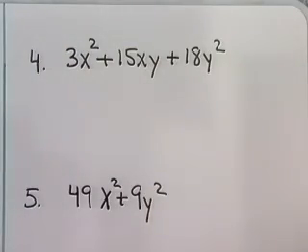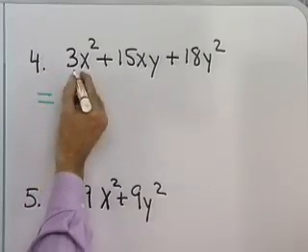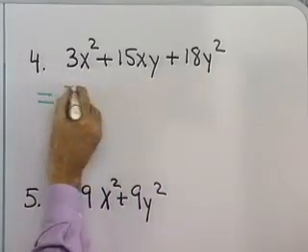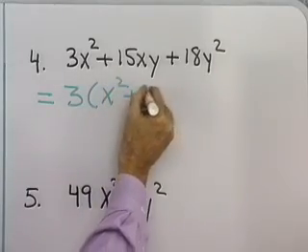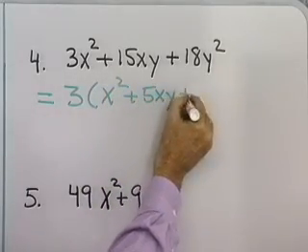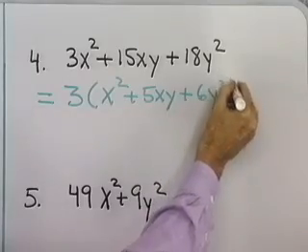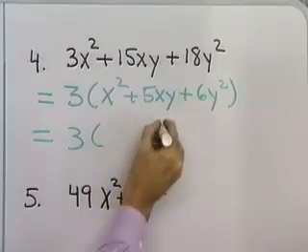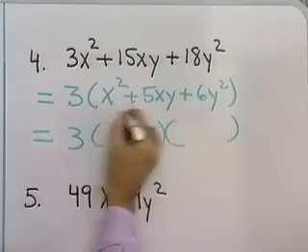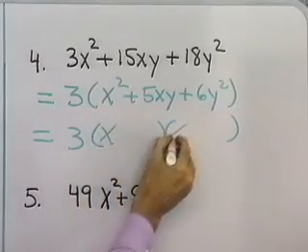How about 3x squared plus 15xy plus 18y squared? Do you see that there's a 3 common to each term? I'll factor it outside. What's left is x squared plus 5xy plus 6y squared. So that is one of the factors, so I need to write it down. Let's factor the trinomial that remains with an x and an x.